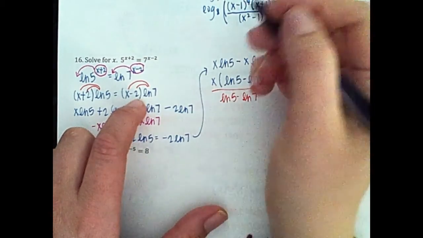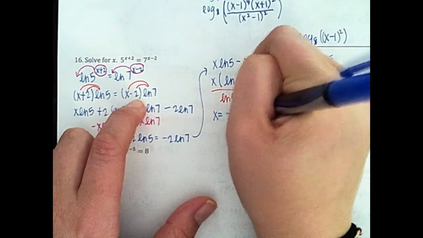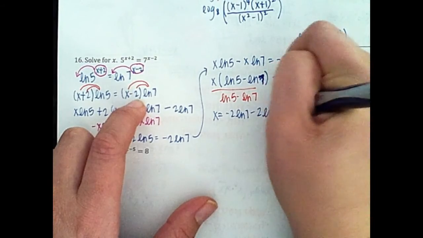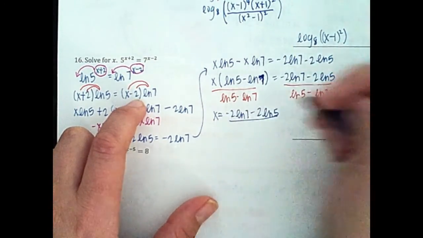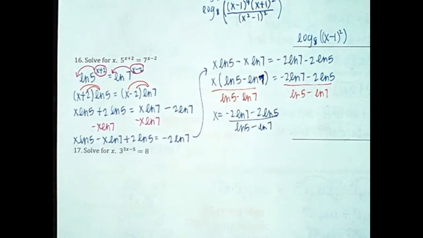And now at this point, this is going to be your unrounded perfect answer. So let's do that in our calculator. So let's kind of walk you through that.